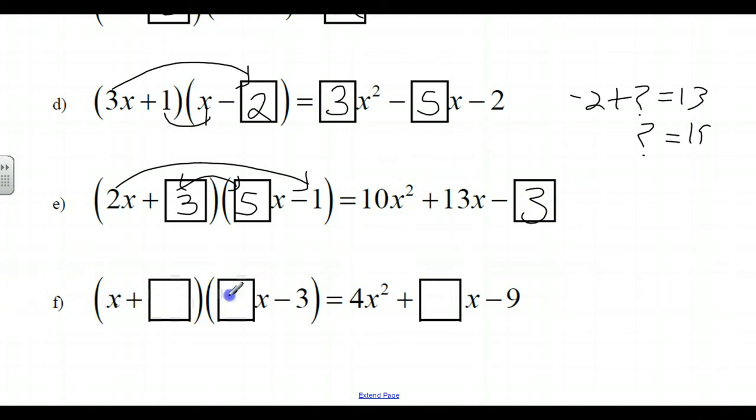Well, I got an x times something has to give me 4x squared. I need a negative 9. I've got a negative 3, so that has to be a positive 3. Okay, and now we can multiply it out. So 4x squared minus 3x plus 12. Minus 3 plus 12 is plus 9. And then positive 3 times negative 3 is minus 9.